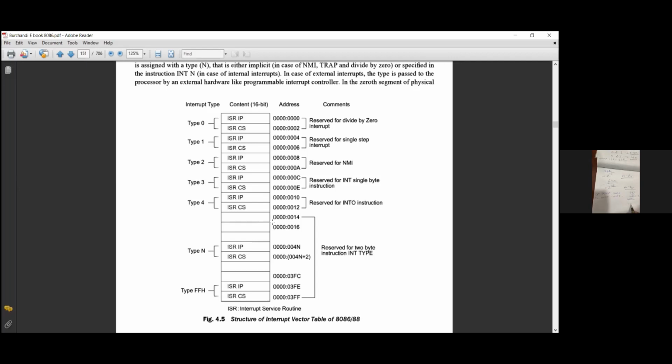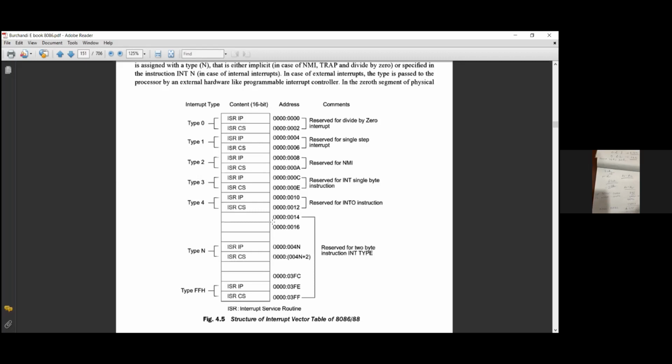Type 3. What will happen? 4N. So what will be the location? 4 into 3, how much? 12. Very good. 12 in hexadecimal is C. So type 3 is 0000C.